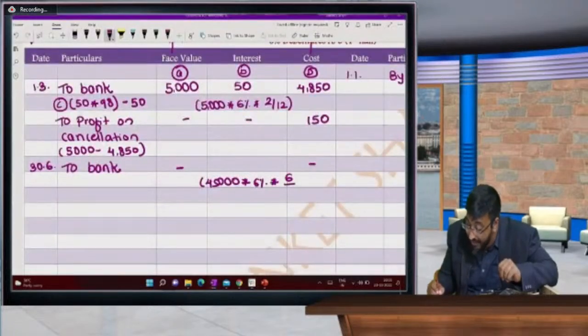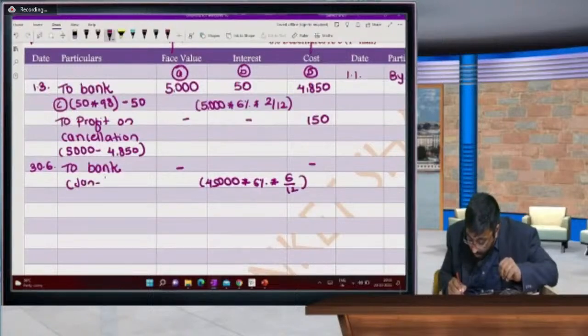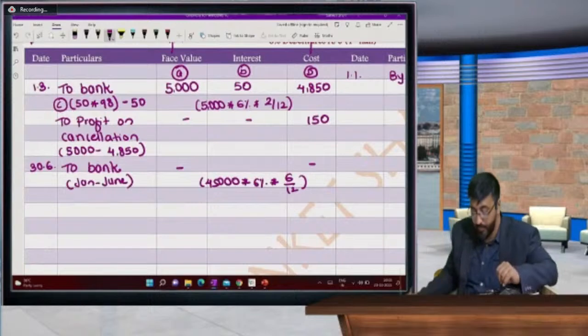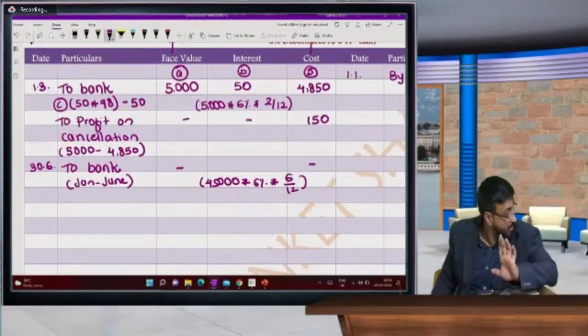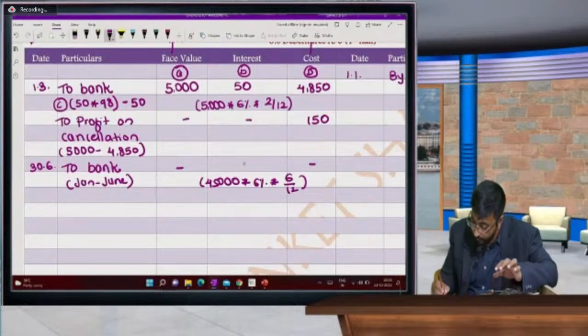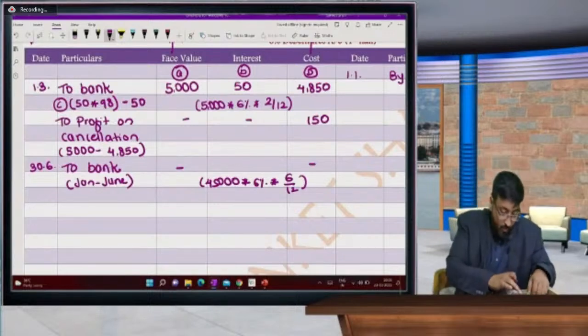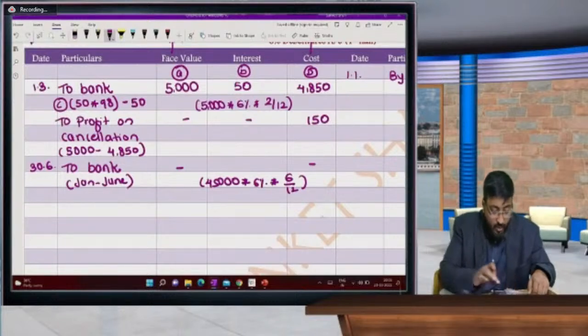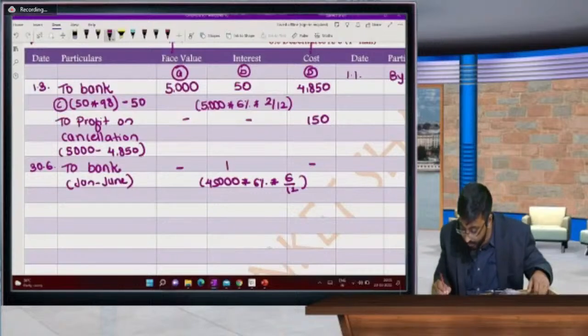So 6 months interest from January to June, because the last interest date was 31st December. What is the amount? 45,000 into 6% divided by 2, since 6 by 12 means divided by 2, is 1350.